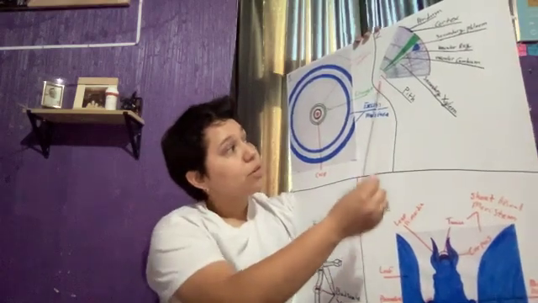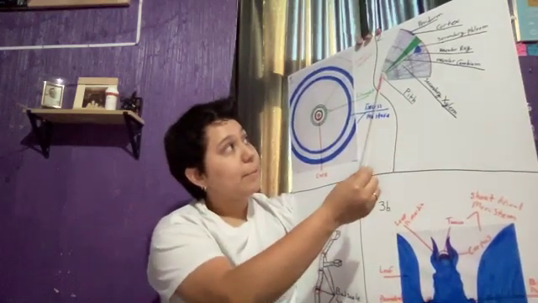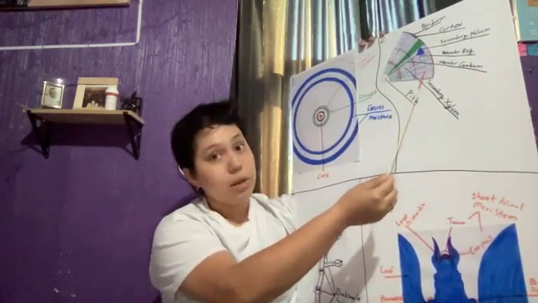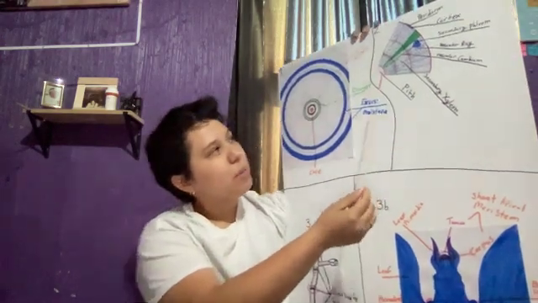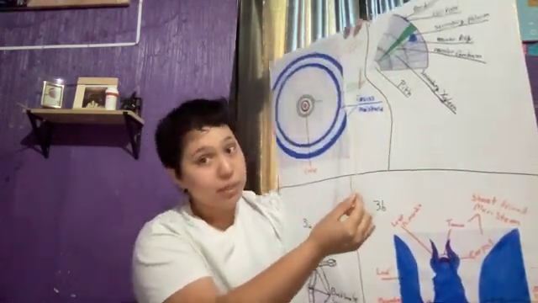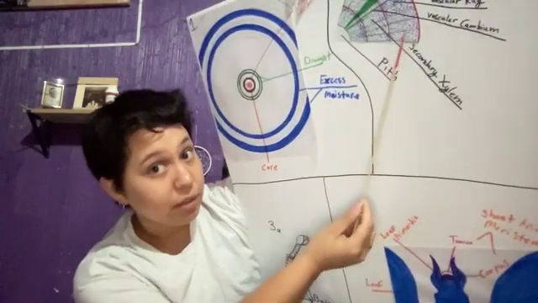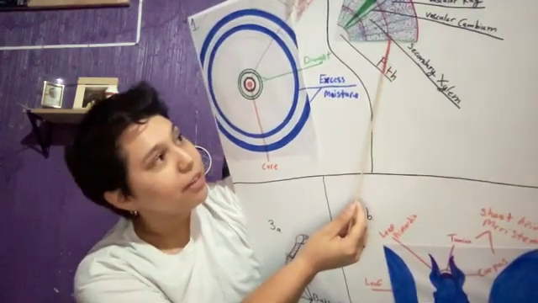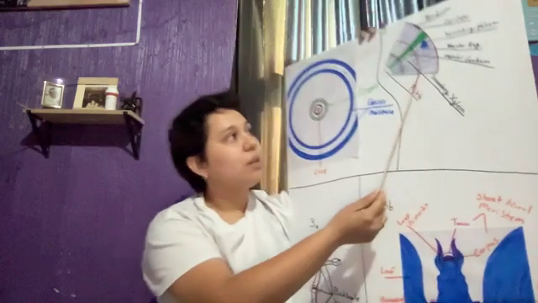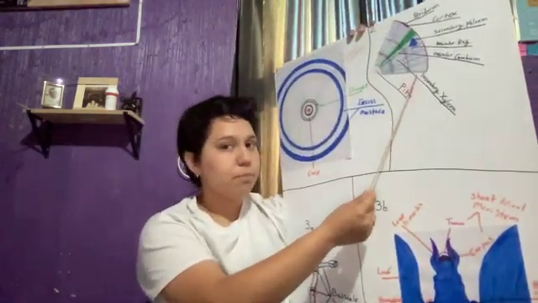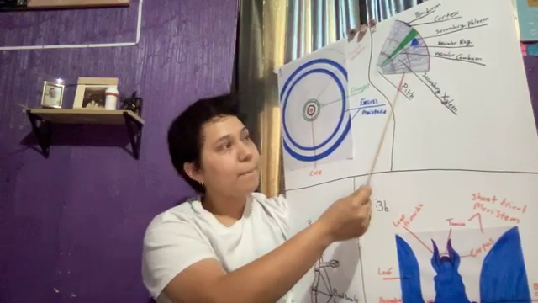Here's the pith, the core, and here's ring 1, 2, and 3. I tried my best to illustrate the lines and the little cells in a diffuse porous piece of wood.